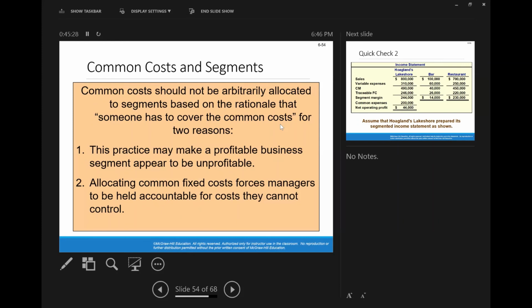If I'm over that plant and the acid area is doing something over there, ammonia is doing whatever and blowing up pipes, because that happened not too long ago, a couple of weeks ago, I don't want some of those costs in my department, my plant, my segment, because I can't control what they're doing over there. I can only control this area here. So you don't want to allocate things to managers that are out of their control, because a lot of times these managers have bonuses tied to production, bonuses tied to safety, bonuses tied to certain costs. They keep those costs down.